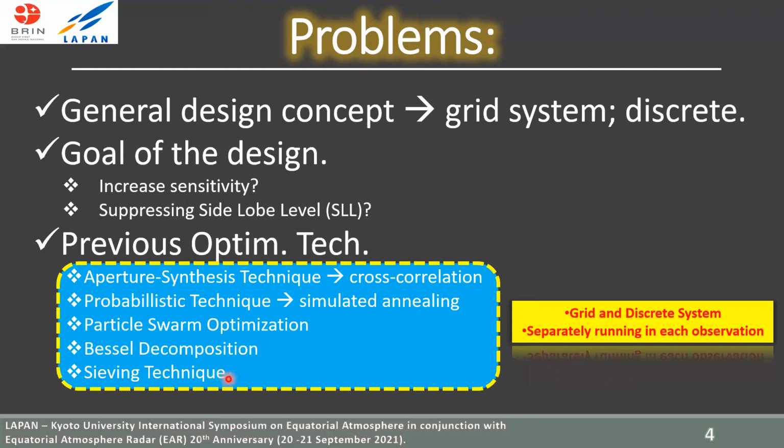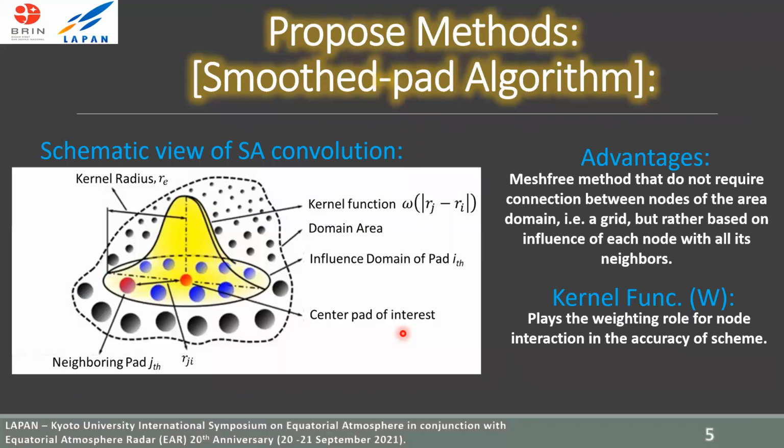All of these previous optimization techniques basically use a grid and discrete system, and they are also run separately in each observation. To solve this, we found our proposed method called the smooth path algorithm.